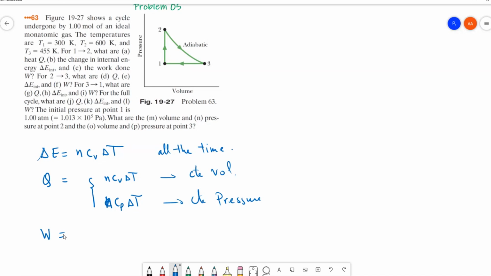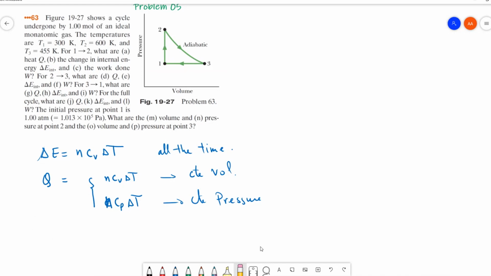So what should we use for W? For which part? In general, the relation is also the same. P delta V, the general one, or we can use the other thing depending on the path. Which path?